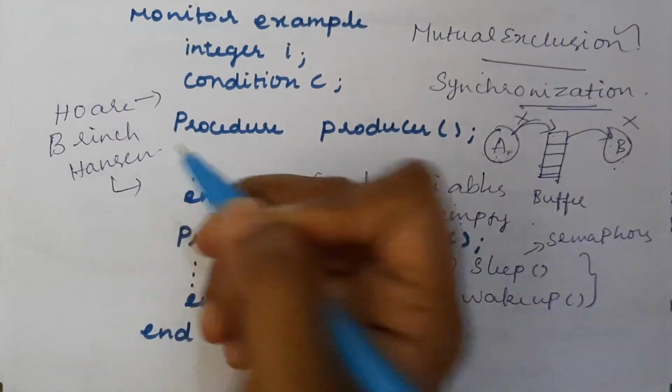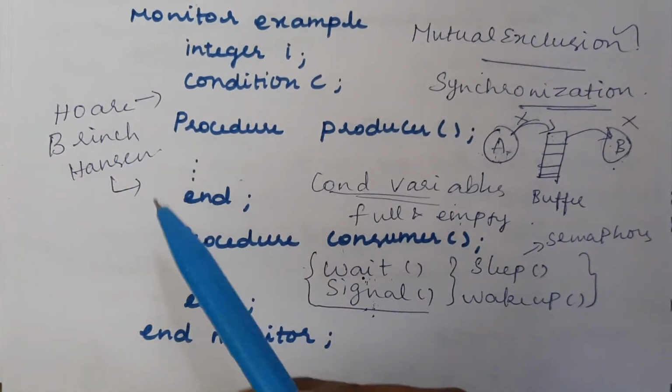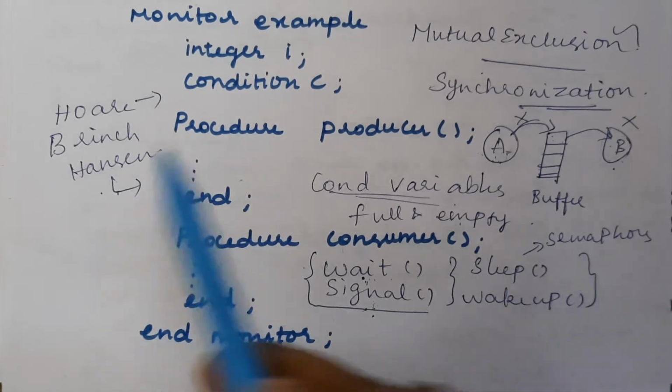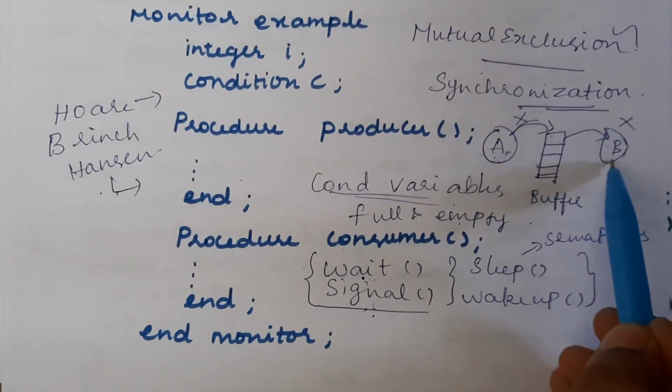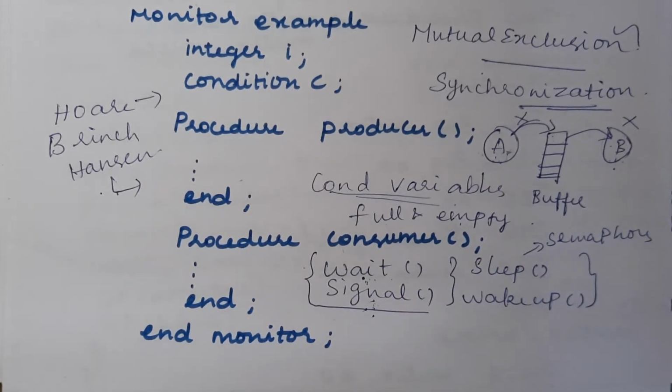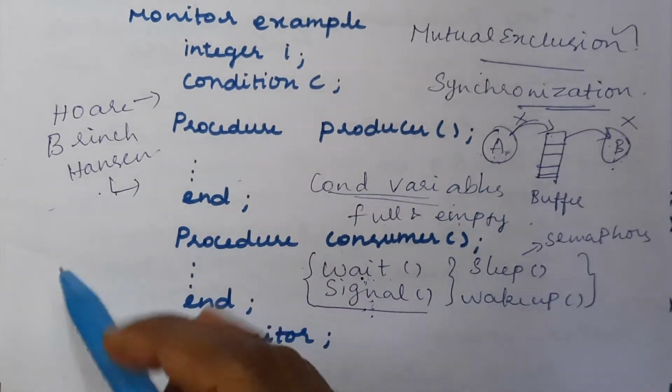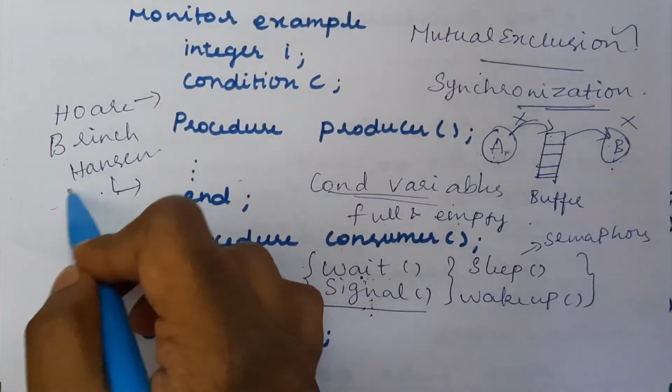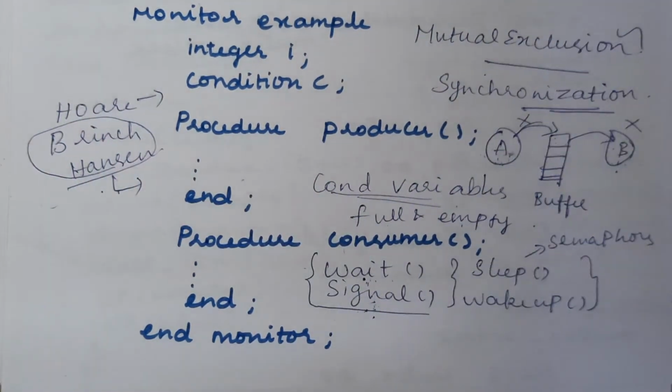Brinch Hansen proposed that the process performing the signal operation must exit from the monitor itself. It is not only blocked, it has to exit from the monitor. Here we are following the second method because it is very easy to implement. If the process calls the signal operation, it will automatically exit from the monitor.